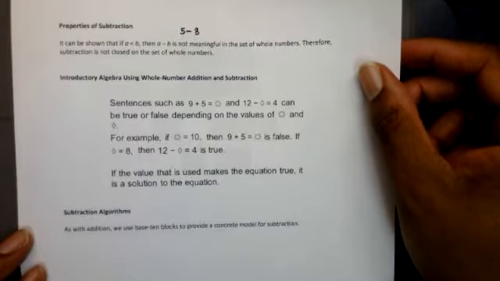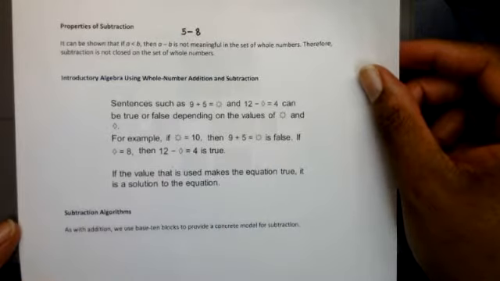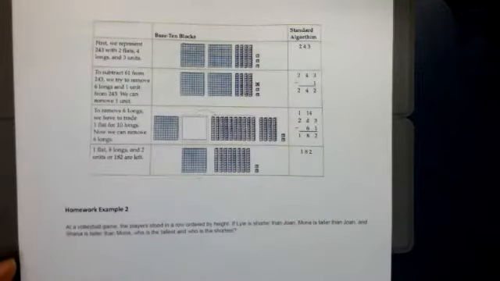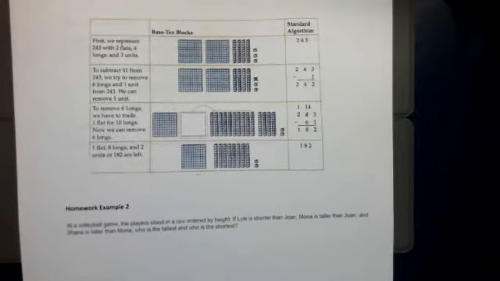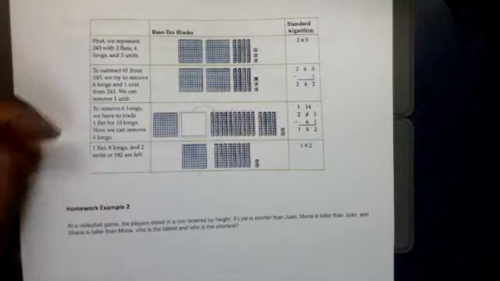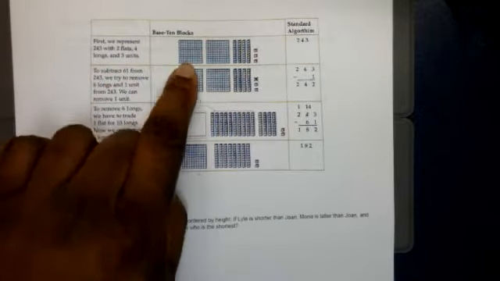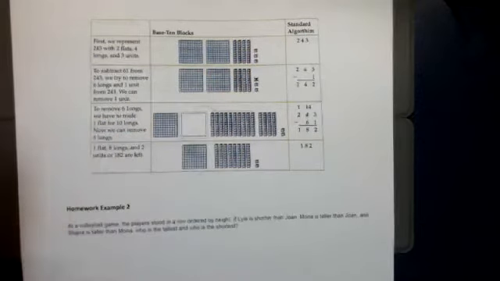All right, now let's look at some algorithms for subtraction. As with addition algorithms, we can use base 10 blocks to provide a concrete model for subtraction, as you will see on the next page. Okay, so for a problem like 243 minus 61, we first represent 243 with 2 flats, 4 longs, and 3 units, as you see here. 2 flats here, and then you got 4 longs and 3 unit pieces for 243.